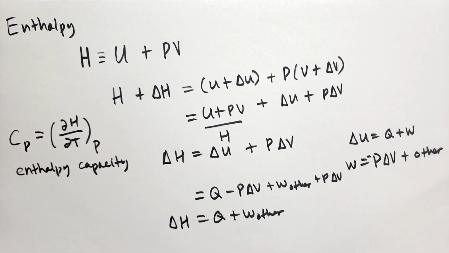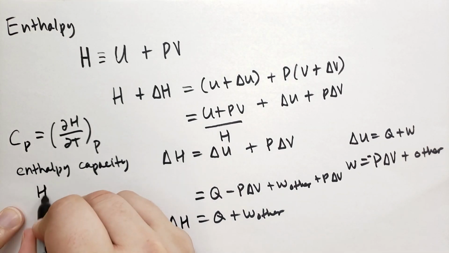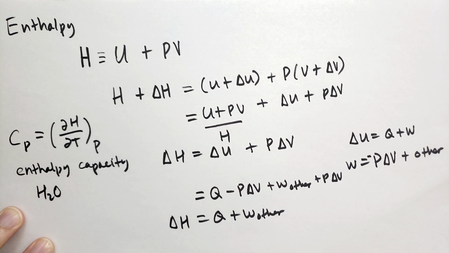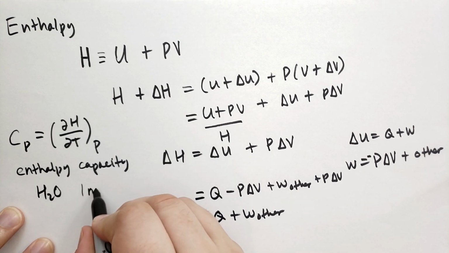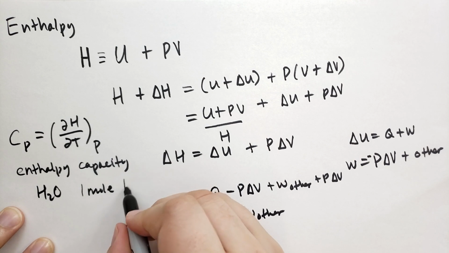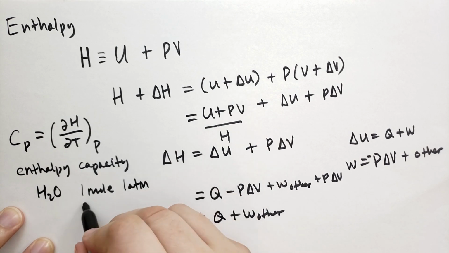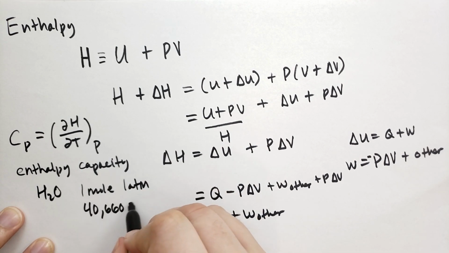You can look up the delta H values in chemistry books, and there are lots of tables of these delta H values because these are values that are actually useful when you're doing measurements in a laboratory, okay? For instance, if you look up in a table, it will tell you that for H2O, when you boil that water away, 1 mole of water at 1 atmosphere is 40,660 joules.